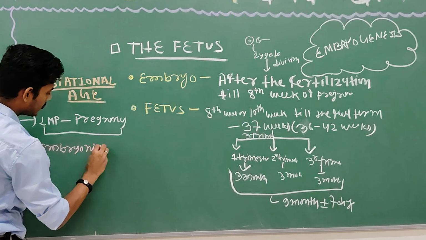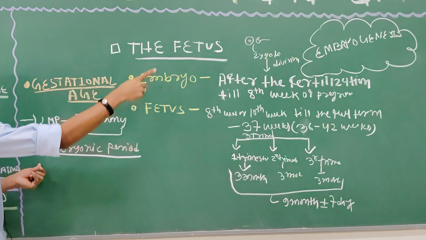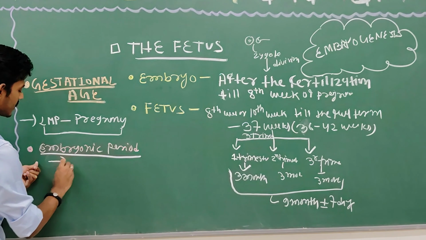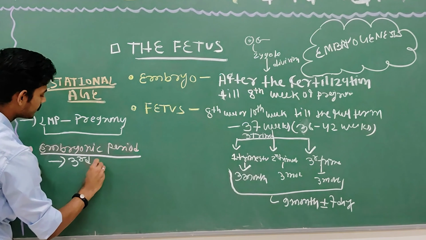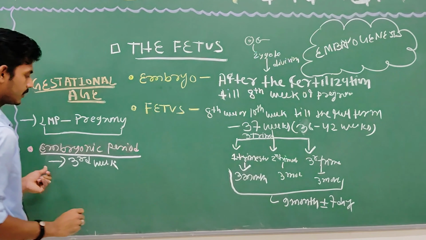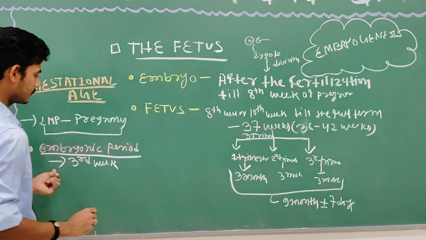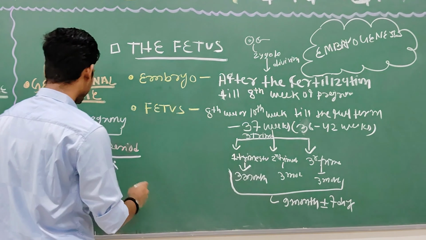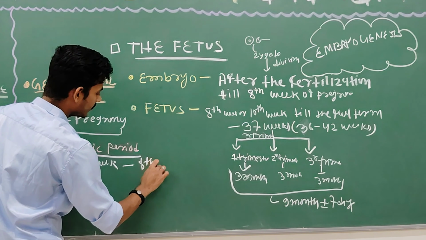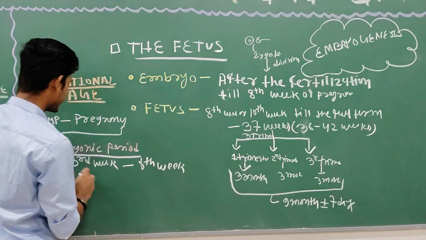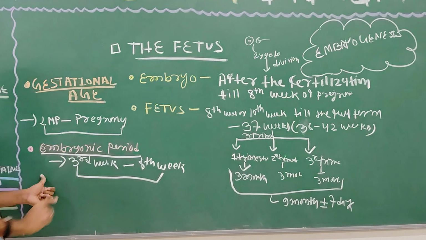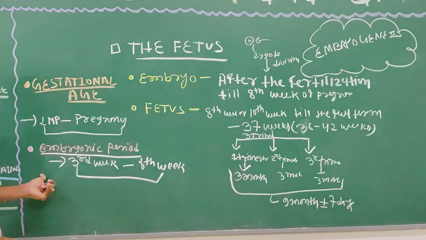This embryonic period starts with the formation of the embryo, in the third week, and lasts till the 8th week, because after the 8th week there will be fetal development, not embryogenesis. So starting from the third week to the 8th week, this time period is called the embryonic period.